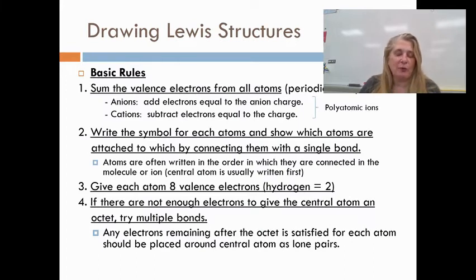So the basic rules for forming Lewis structures: sum up the valence electrons from all the atoms off the periodic table of the elements. Try to pick out which one is the central atom. That's the one that occurs the least often usually. There's lots of other ways you can determine it too.